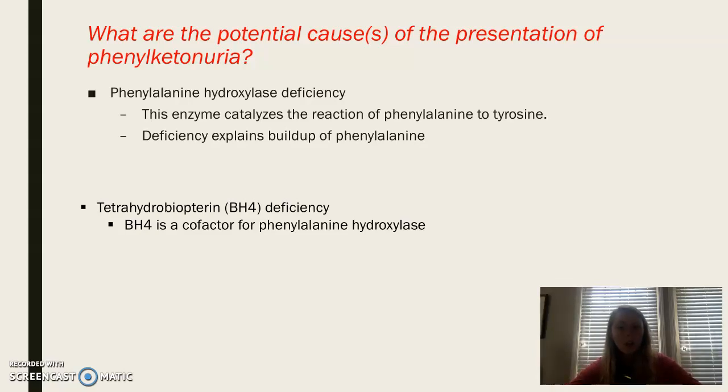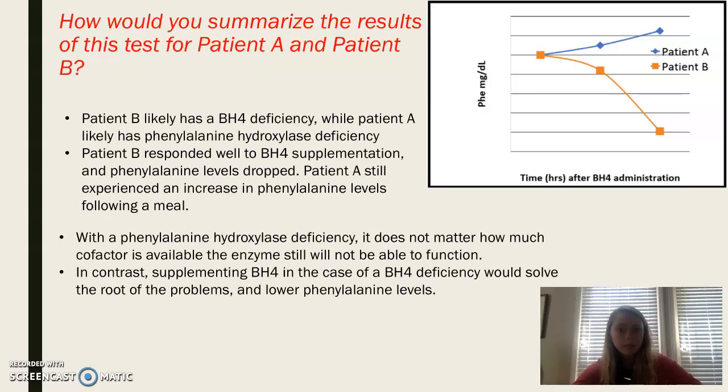It could also be a tetrahydrobiopterin or BH4 deficiency. BH4 is a cofactor for phenylalanine hydroxylase, so that means that it would also affect the conversion of phenylalanine to tyrosine and could also affect the buildup of phenylalanine.